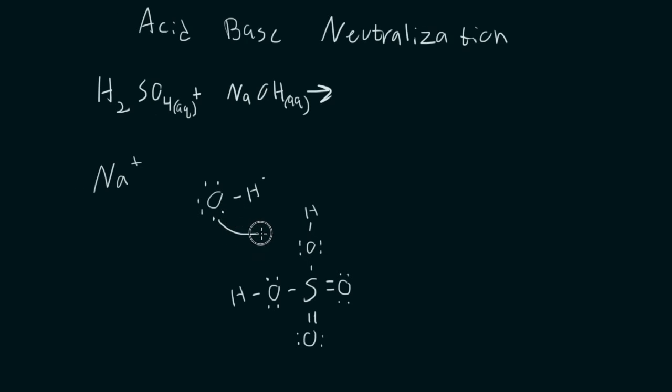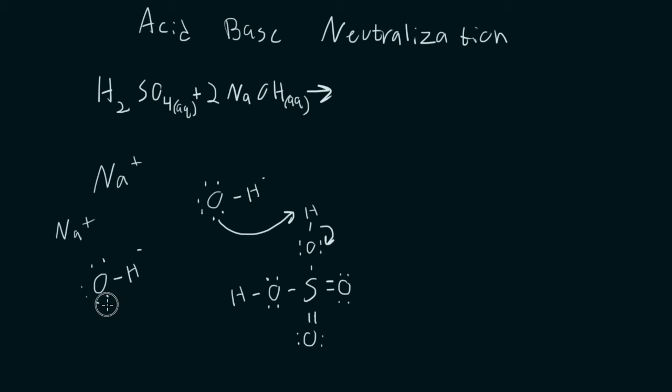This is going to grab this hydrogen. That hydrogen is going to let go of that bond. But then I would be left with an HSO4-. So I can see just grabbing one hydrogen is not going to be enough. I'm going to need another hydroxide here, and if I bring another hydroxide, I'm going to need to bring another sodium. So right off the bat, I can see I'm going to get 2 sodium hydroxides.